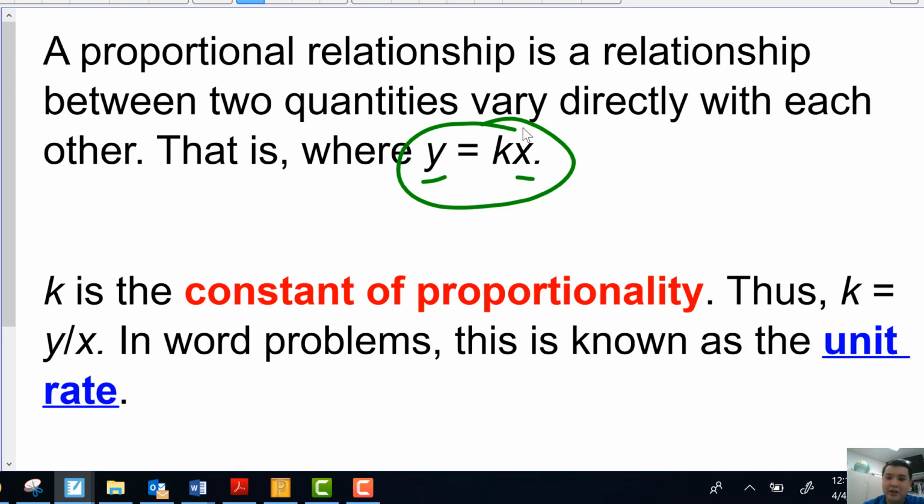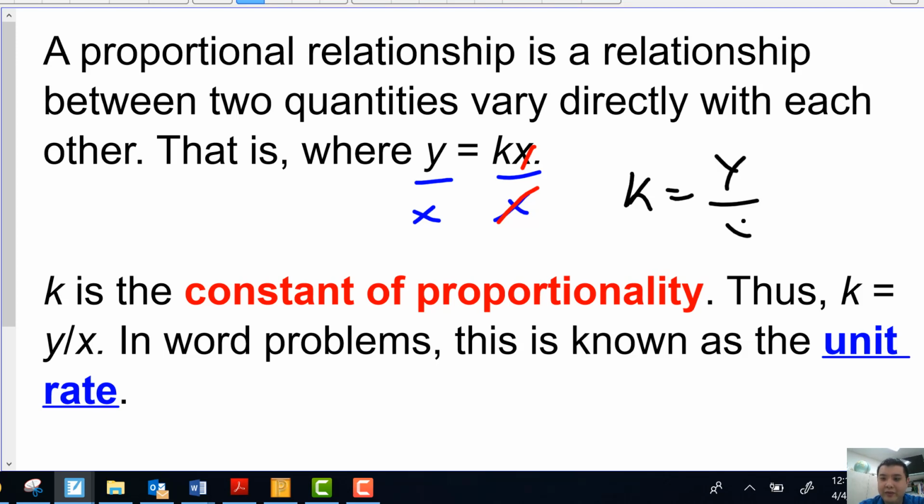If I wanted to isolate this k right here, what I would do is divide both sides by x. And when I do that, these x's cancel out over here. So what we are left with is k on one side and y divided by x.